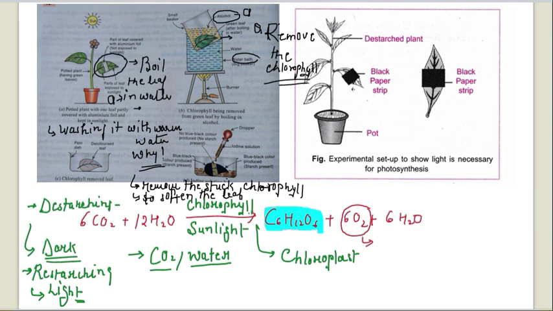And after this step, let's come to the last step, where suppose this is the leaf which we have washed with warm water after taking it from the alcoholic water bath. So this is the leaf which doesn't have alcohol now.